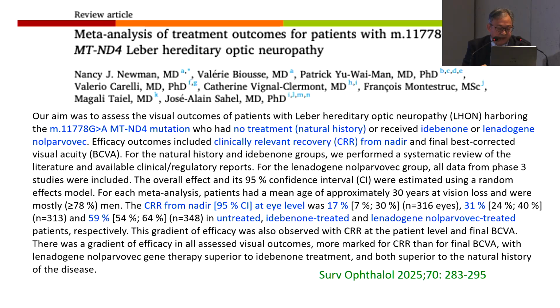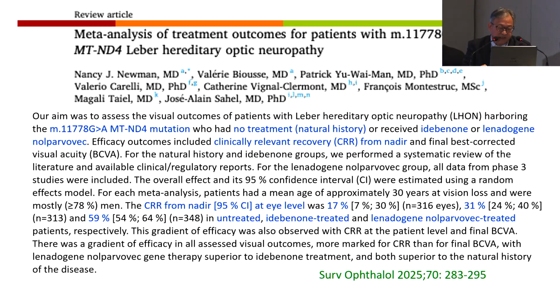They compared the clinically relevant recovery from nadir between these 3 groups. They found that the clinically relevant recovery was about 17% in the non-treated group, 31% in the idebenone-treated group, and 59% in the gene therapy group. It seems that gene therapy has the best visual outcome in this meta-analysis.